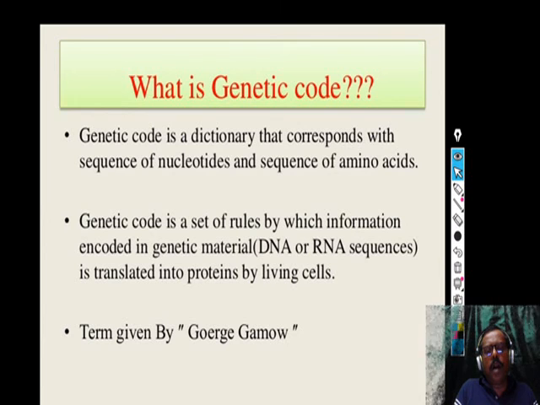The genetic code is a set of rules by which information encoded in the genetic material, DNA or RNA, is translated.